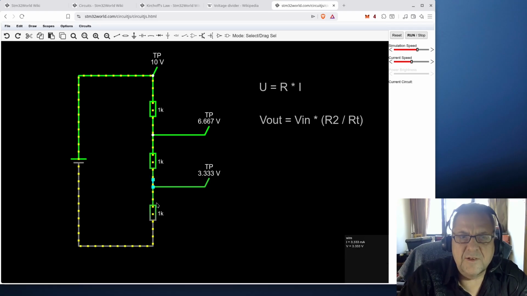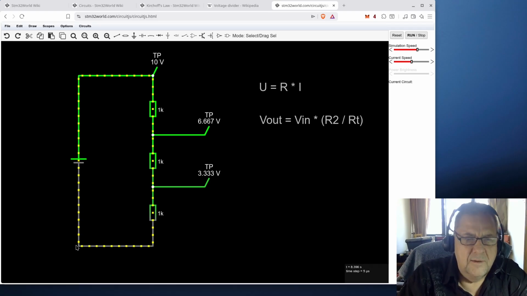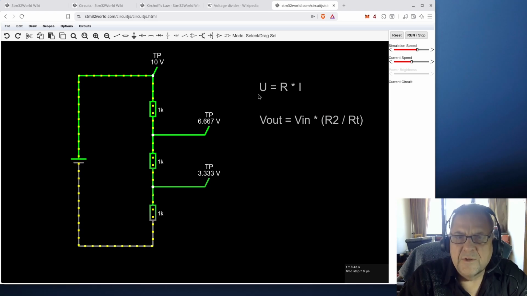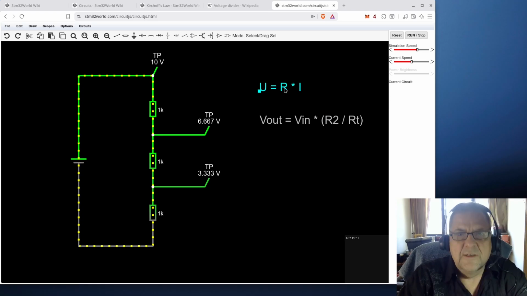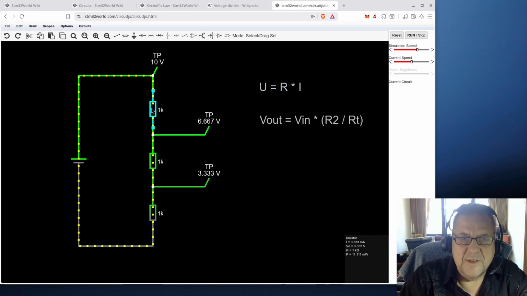Now, in that circuit, a certain current will flow, and we can calculate that using Ohm's law, which states that the voltage divided by the resistance will give you the total current. So let's calculate that quickly. Now, the resistance, we have 1 kilo plus 1 kilo plus 1 kilo, that's 3 kilo.